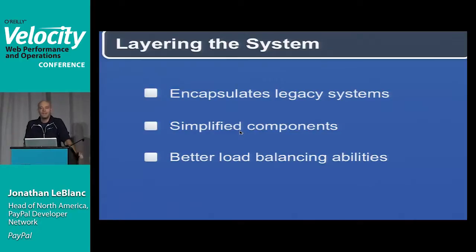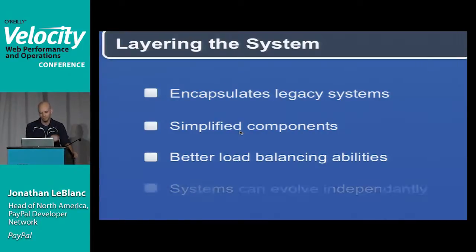That's a potential bottleneck, and as we start to layer our systems, we can have load balancers in between those layers so that they can funnel the traffic to applicable servers and handle that type of load in a much more efficient way. That's exactly why you want to have a layered type of system.